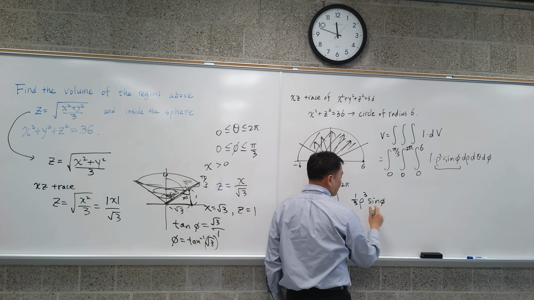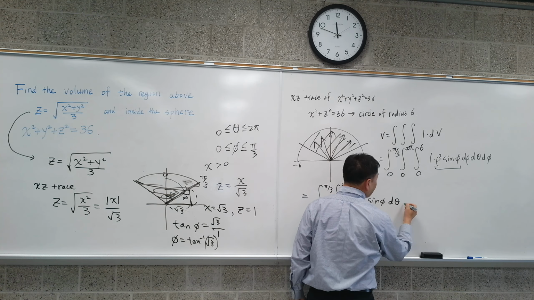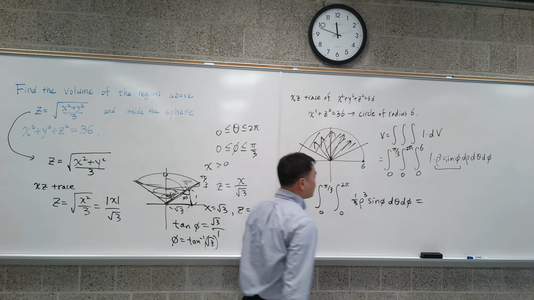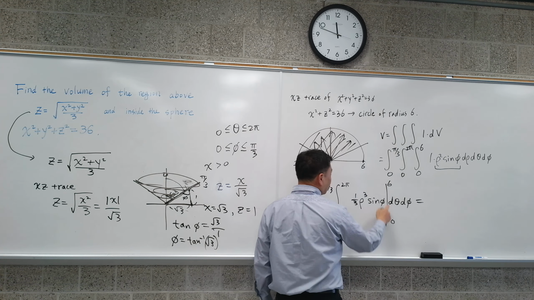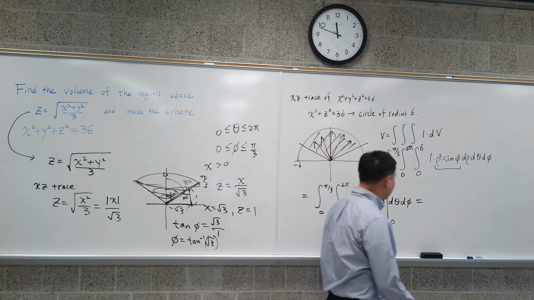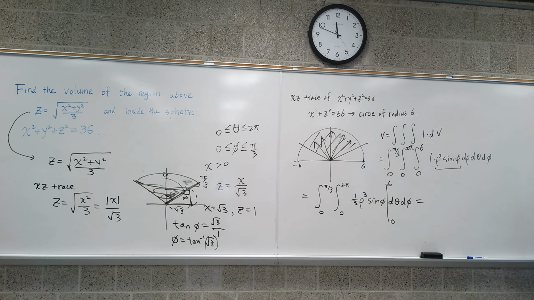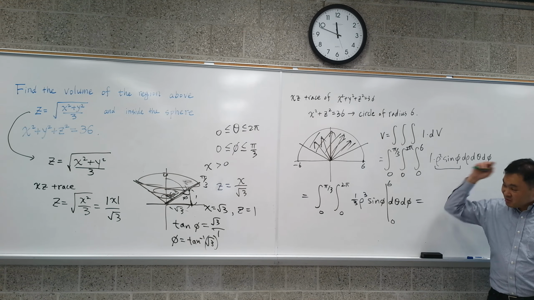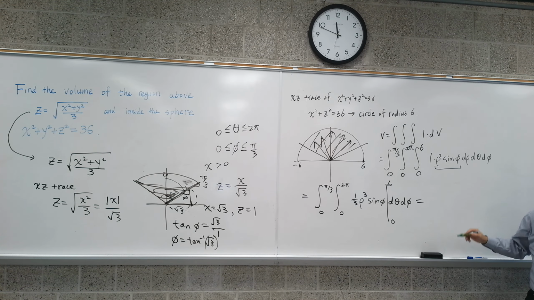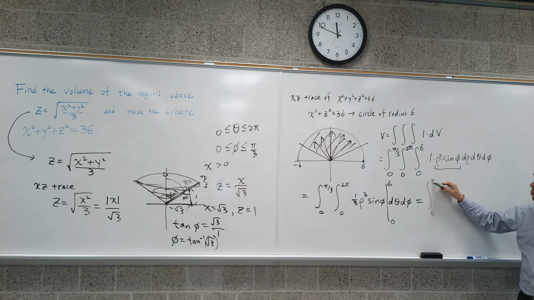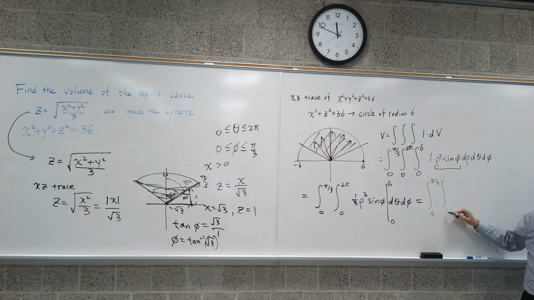Times 1 doesn't do anything, so I'm not going to write that either. Oh, and I forgot, you have to plug in 6 and 0. These values go into rho, not phi, because we integrated with respect to rho. 6 times 6 times 6 is 216, divided by 3 you get 72. So you get the integral from 0 to pi over 3, 0 to 2 pi of 72 sine phi d theta d phi.